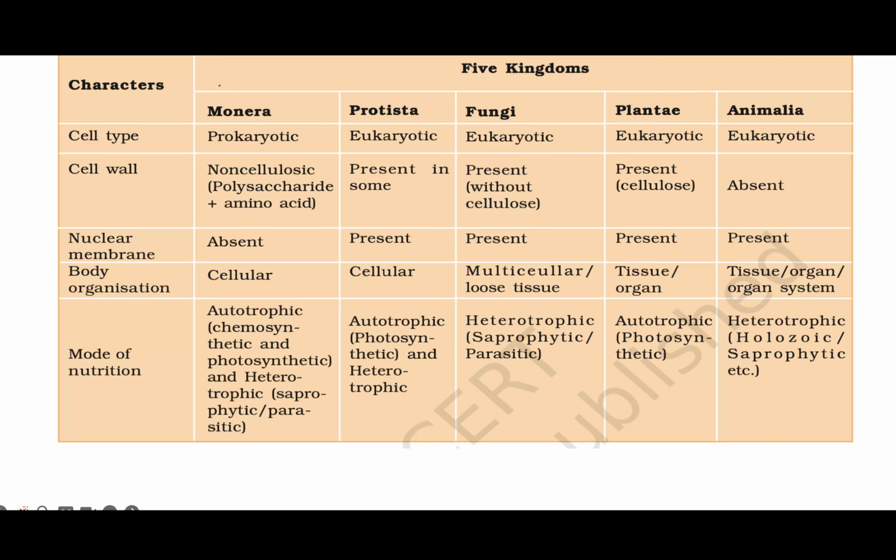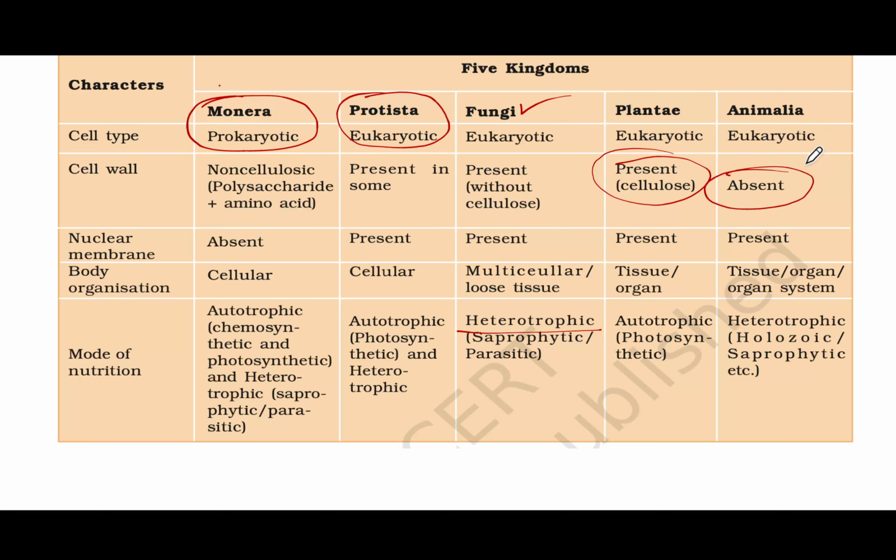For cell type, I already explained in the previous slide. All unicellular prokaryotes belong to kingdom Monera, unicellular eukaryotes to Protista. Fungi are heterotrophic, they cannot prepare their own food, so they are saprophytic or parasitic. Plants have a cell wall made up of cellulose, and animalia have no cell wall. So these are important features.